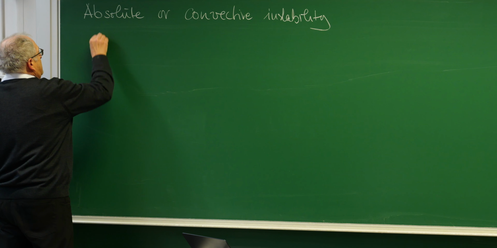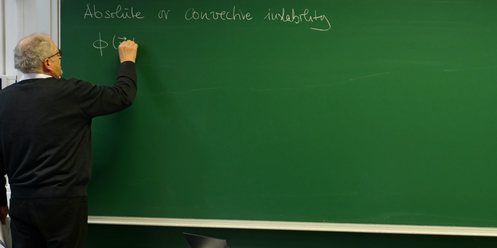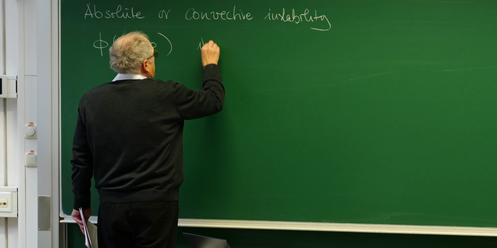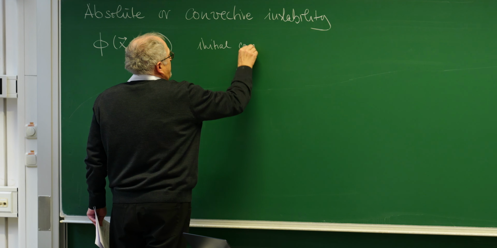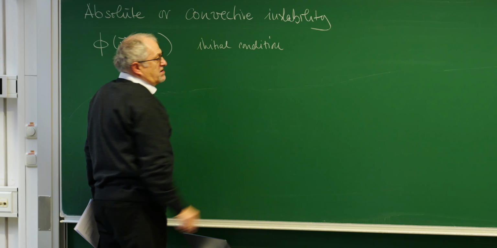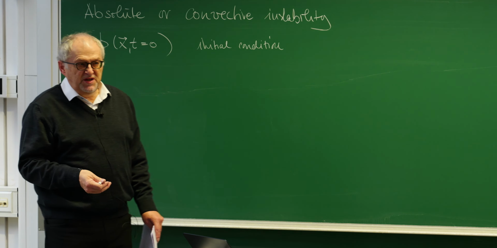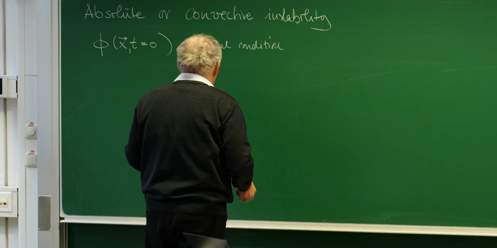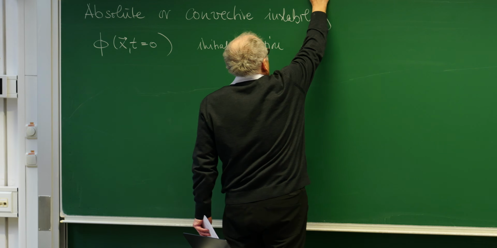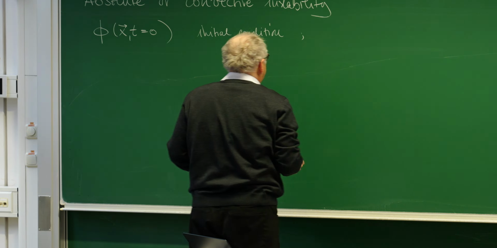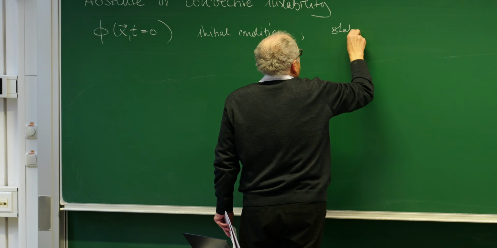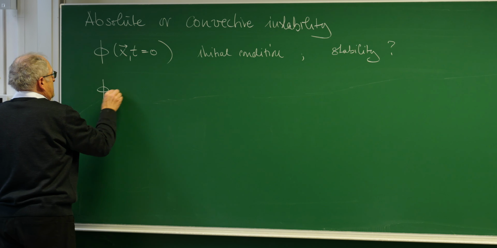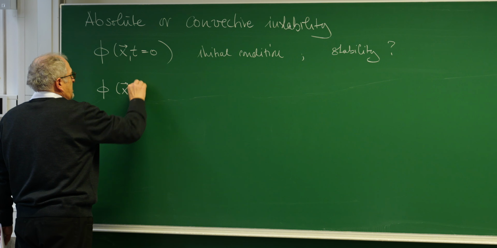So we assume that we have at time equal to 0 some initial condition, some kind of perturbation that you put on the system. It can be typically a small perturbation around the homogeneous steady state or around the plane wave solution. And we want to know what about the stability of that. So let us calculate the solution at some later time t.